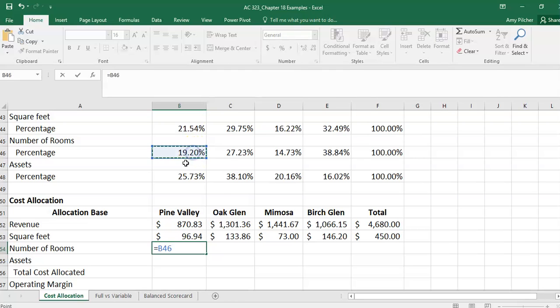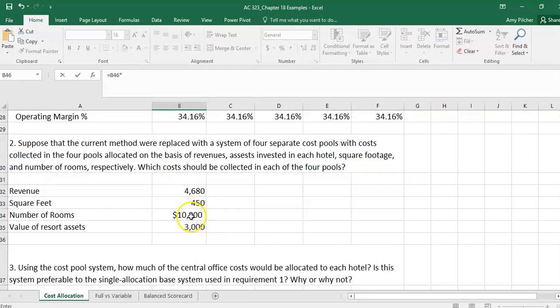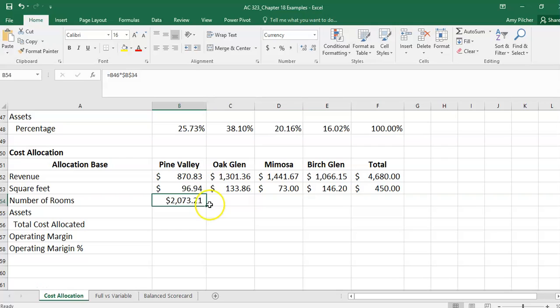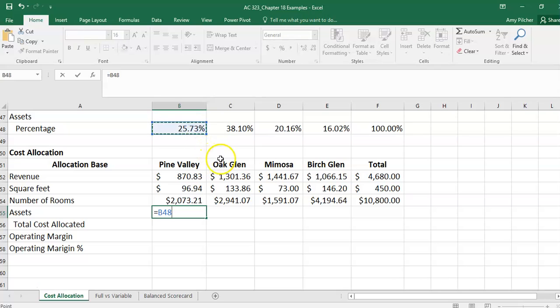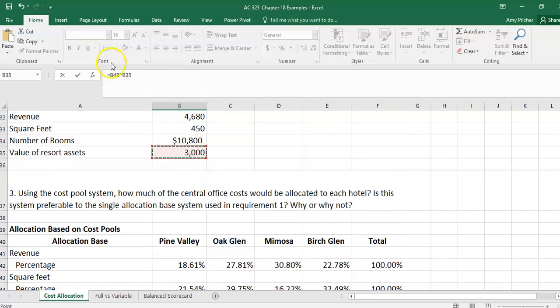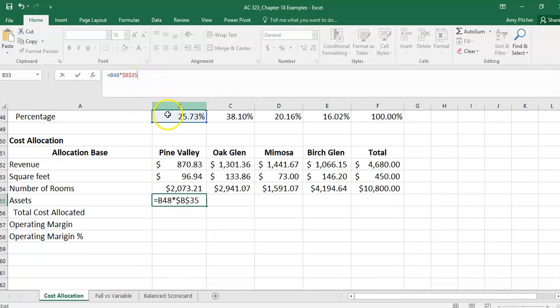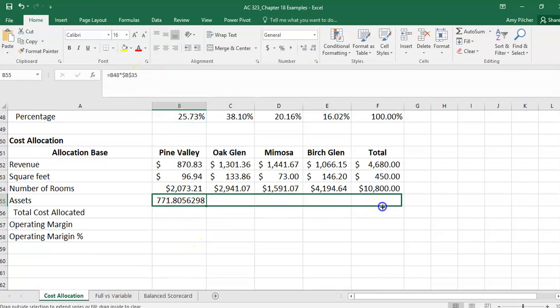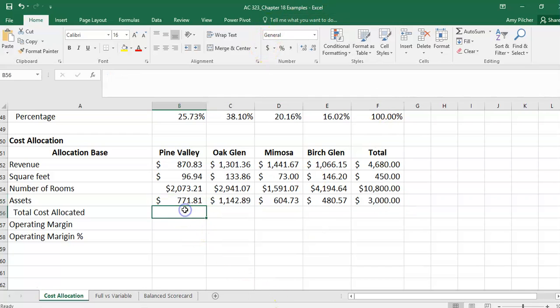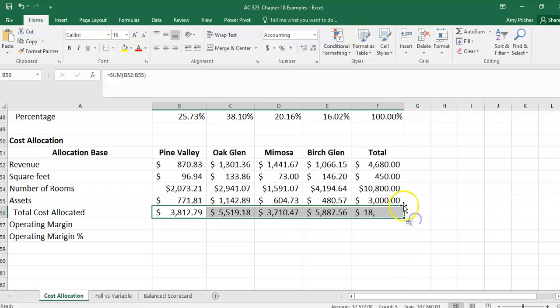And we do the same for number of rooms and assets. We then sum and get the total amount of costs allocated to each hotel and make sure that that also allocates the full total cost of our central office.